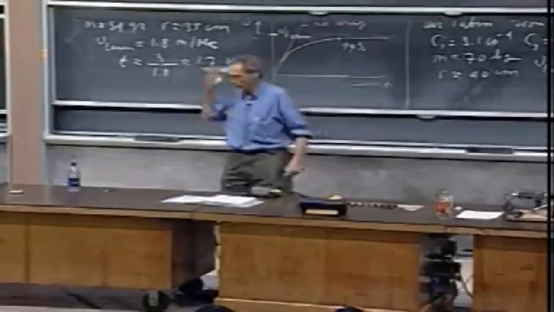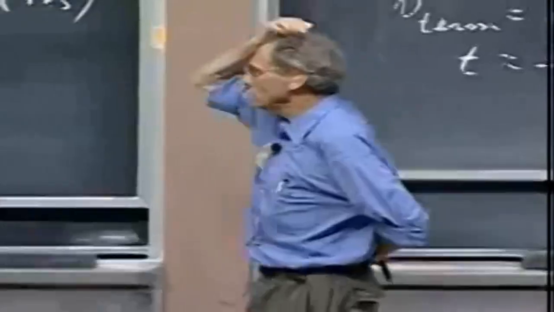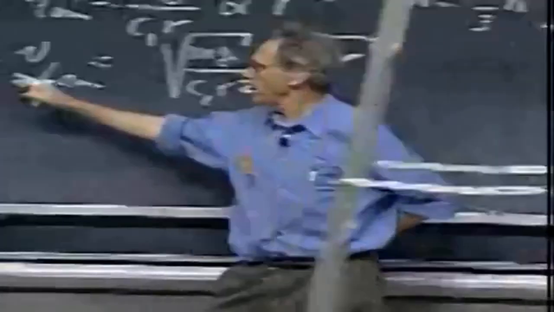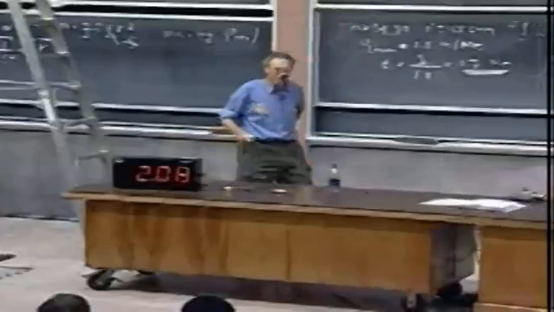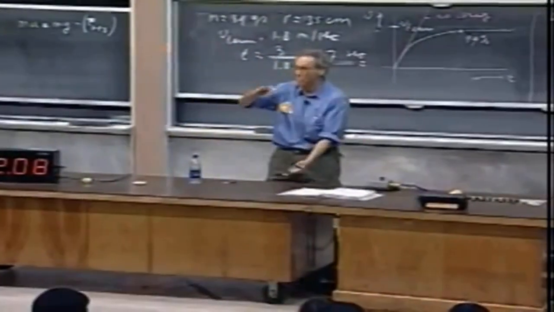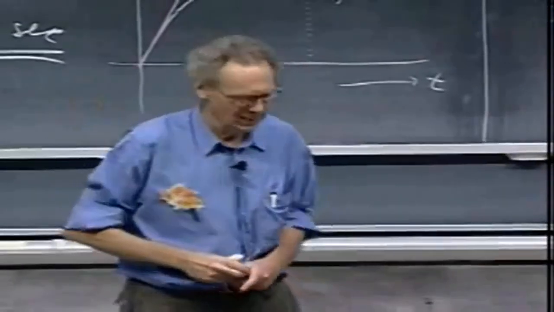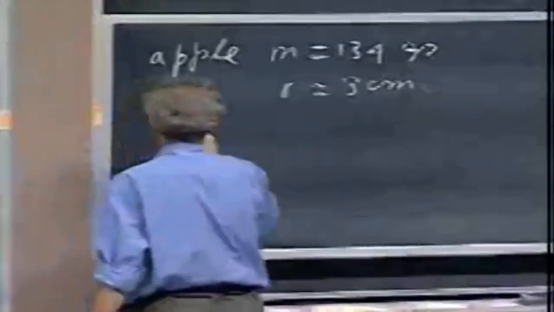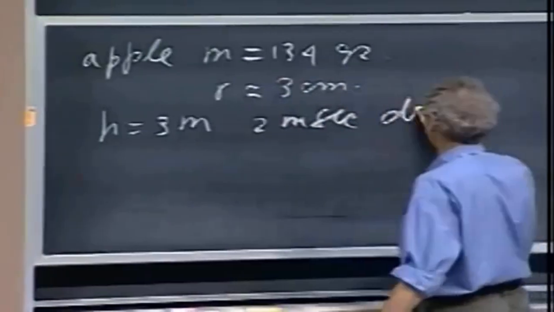And the reason why it's almost nothing from 1.5 meters, you see, is that when you throw an apple in air, it's really in regime 2. So you're really dominated by the speed squared. And in the first 1.5 meters, it doesn't get a very high speed yet. The speed grows linearly, and so it is the last portion where you really get hit by the air drag, by the v² term. 2 milliseconds from 3 meters. So if h is 3 meters, there's a 2 millisecond, let's call it delay.